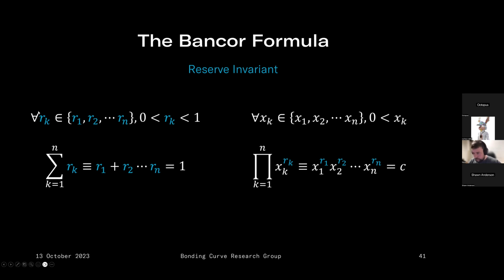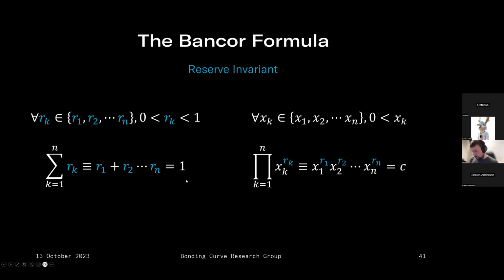Let's have a look at the left side first. If you haven't seen this symbol before, this just means "for all", right? All we're saying is that there is a set of reserve weights defining our liquidity pool, each one of them is a number between 0 and 1, and the sum of all of these numbers is equal to 1.